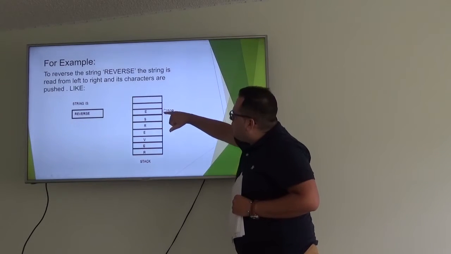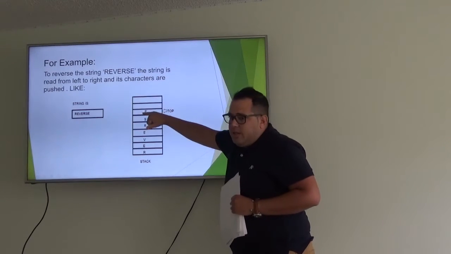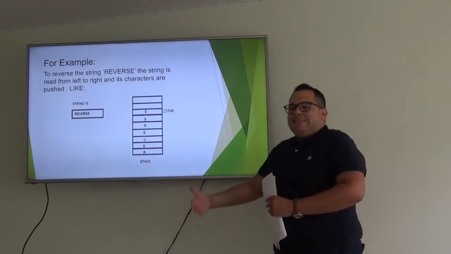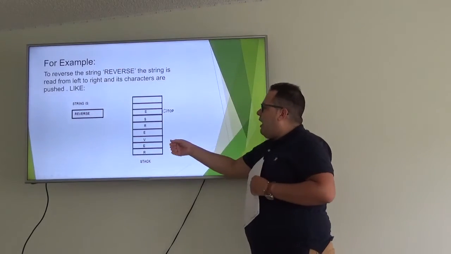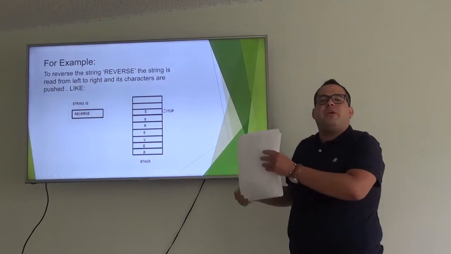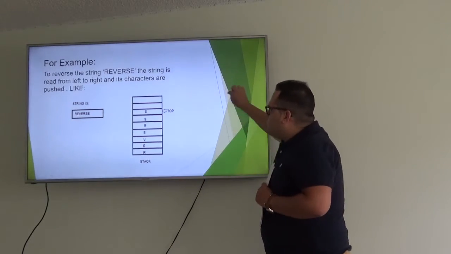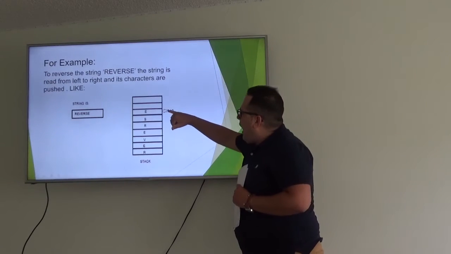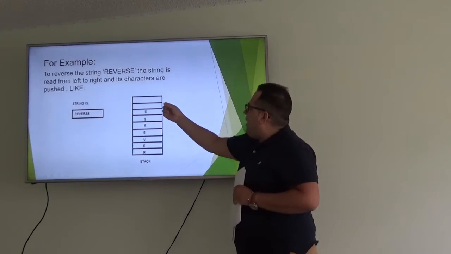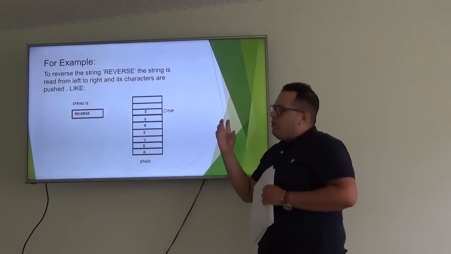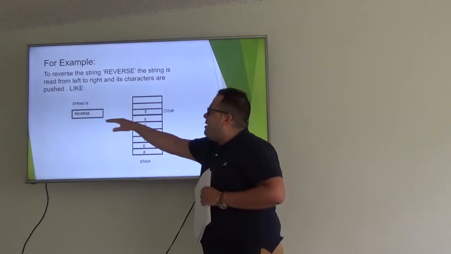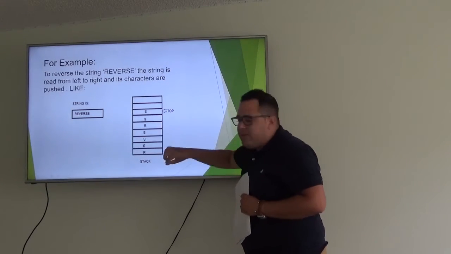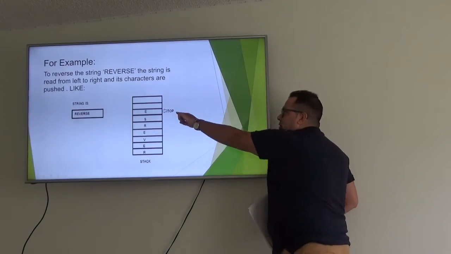You start by reading the top. The method declares a temporary stack and pushes the elements onto the other stack, and automatically the elements are stored in the temporary array. So if we want to read this string, we start from the top.